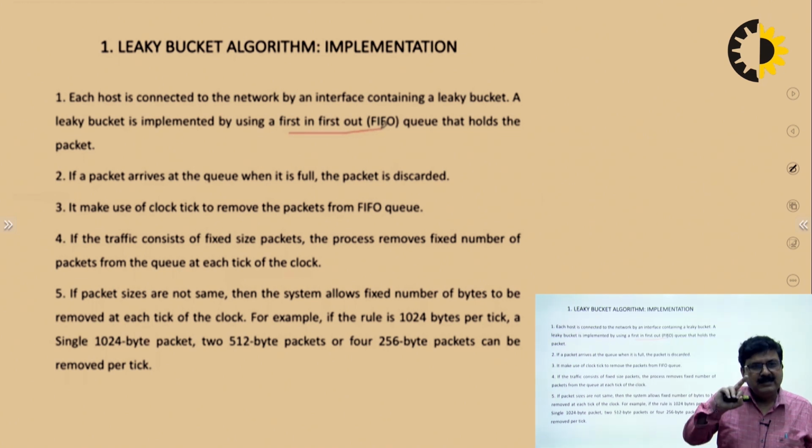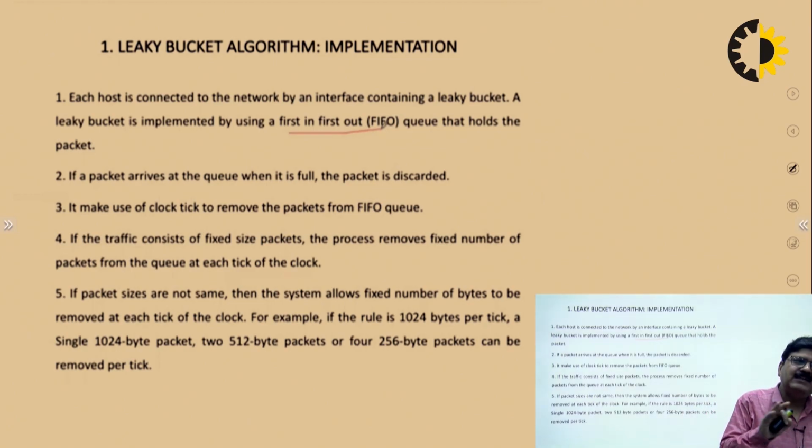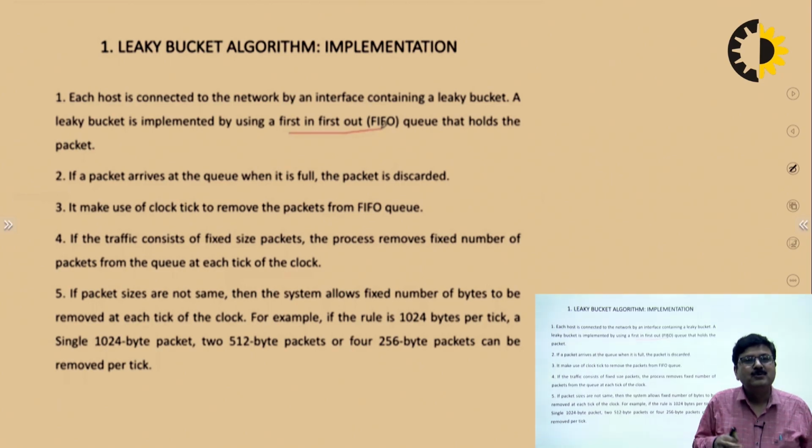If the packet size is fixed, we can use one packet per tick. If the size is variable, then we fix the bytes. For example, every single tick, 1024 bytes go out.